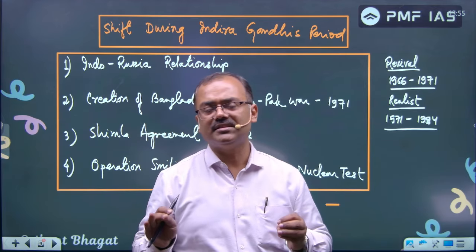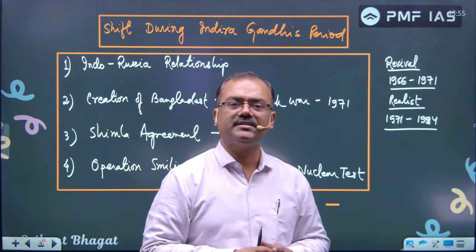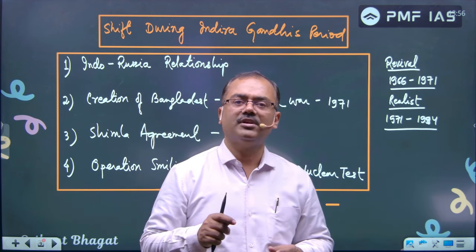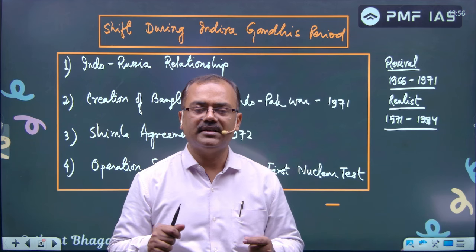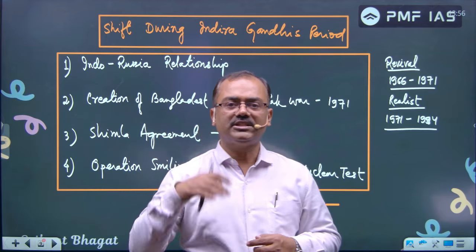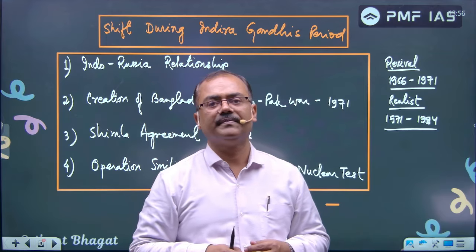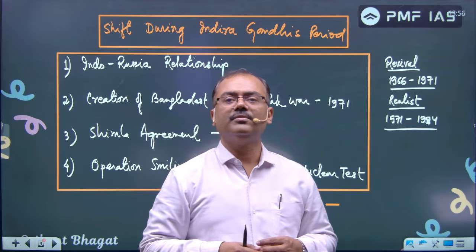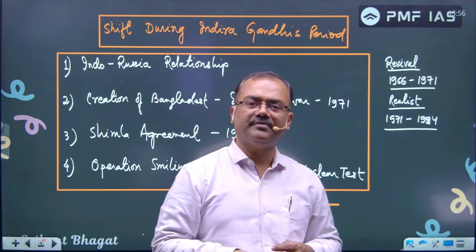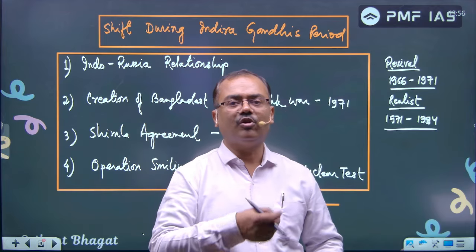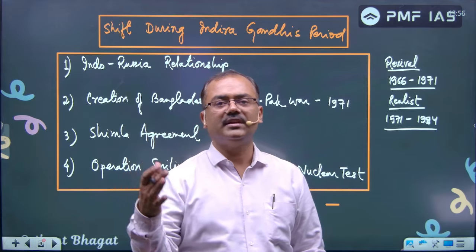There are various reasons for Indira to become realist, but she was bold, energetic, having distinguished thinking. She could be unique in her perspective. She broke all bondages to take new decisions.